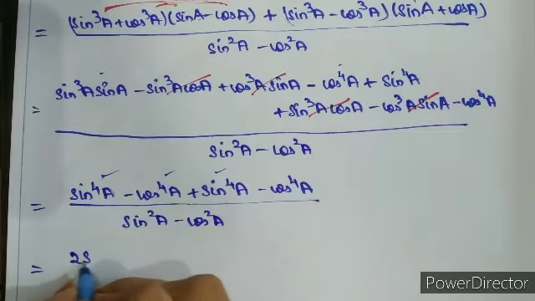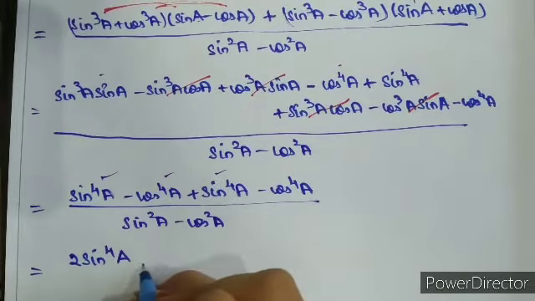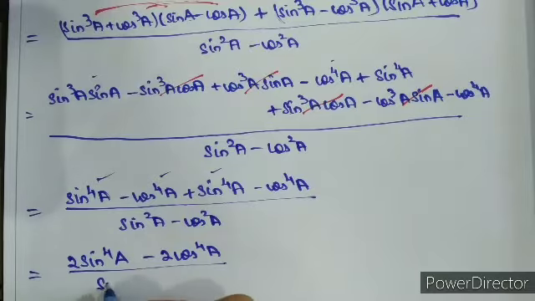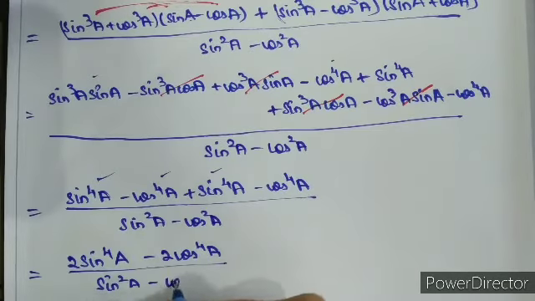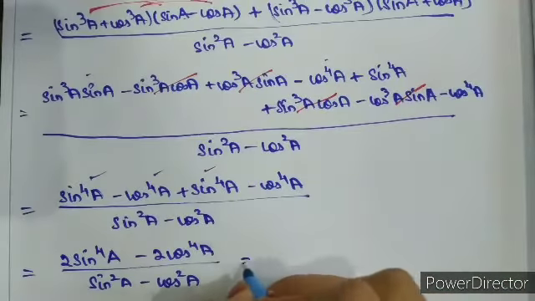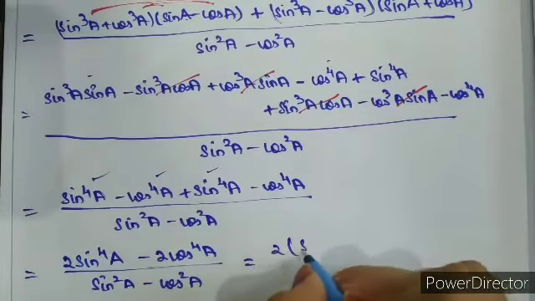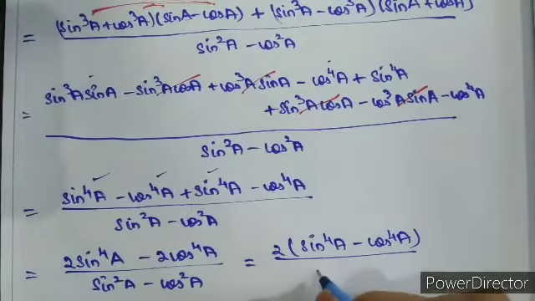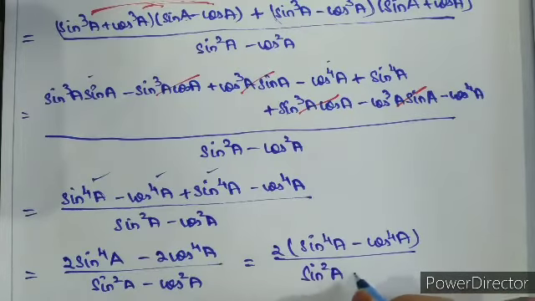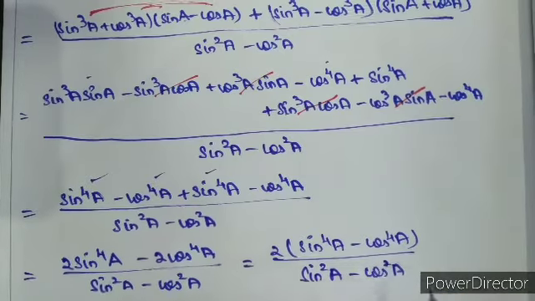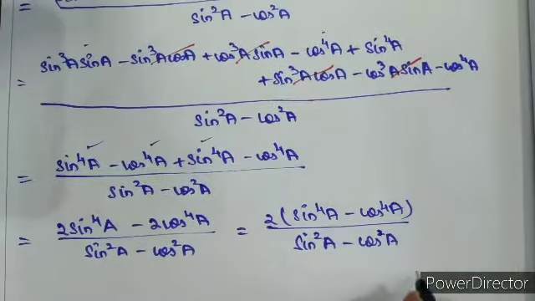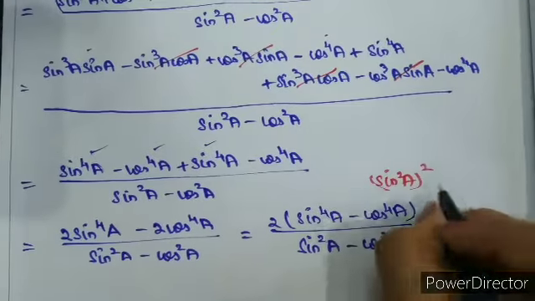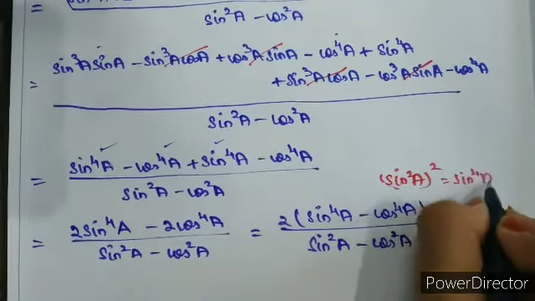So 2 sin power 4A minus 2 cos power 4A divided by sin square A minus cos square A. So see here, take 2 as common, we get sin power 4A minus cos power 4A divided by sin square A minus cos square A. Here the sin power 4A can be written as sin square A the whole square, that is equal to sin power 4A.